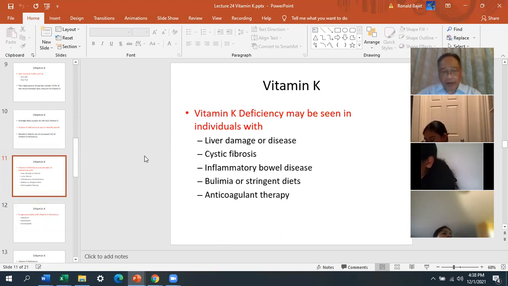If you have cystic fibrosis, inflammatory bowel disease, bulimia, and stringent diets, if you're not taking in vitamin K, you can have vitamin K deficiency, and anticoagulant therapy, i.e. warfarin or Coumadin. So if you're on Coumadin or warfarin, then that will affect, as I just illustrated, vitamin K oxide going to vitamin K.